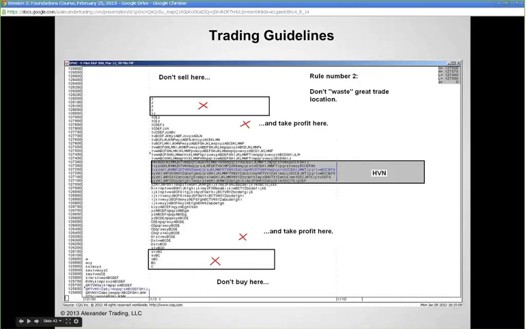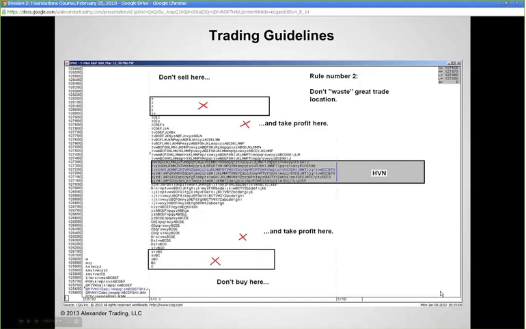Robert, you say, your question is, if you enter at the extremes, why would you expect a pass-through of the HVN? Understand, this is in a context. We don't have a position on. I'm looking for that pass-through. So if price is trading on this side of this high volume node, I have a reason to favor the long trade, and it makes sense with everything else I've said to this point. Maybe I've entered down here, okay?